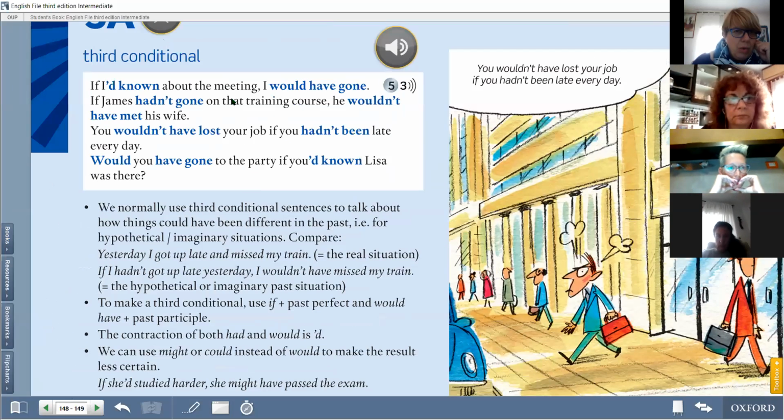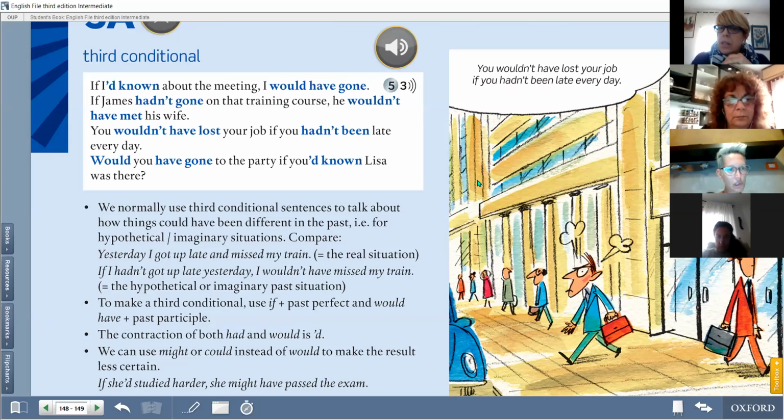Myla, could you please read it? Third conditional. If I'd known about the meeting, I would have gone. If James hadn't gone on that training course, we wouldn't have met his wife. You wouldn't have lost your job if you hadn't been late every day. Would you have gone to the party if you'd known Lisa was there?